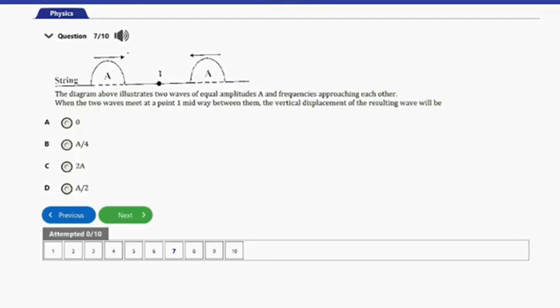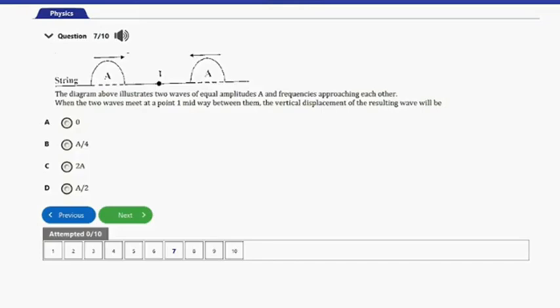When the two waves meet at a point midway between them, the vertical displacement of the resulting wave will be, so guys, that will be 2A, because the amplitudes of the two waves add together. Since the two waves here have equal amplitudes and frequency and are approaching each other, option C is the answer to this question.